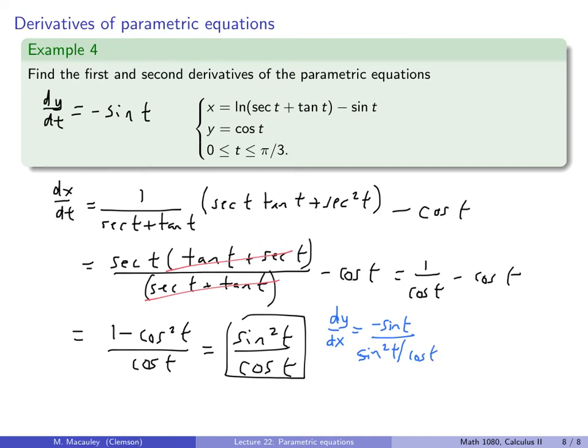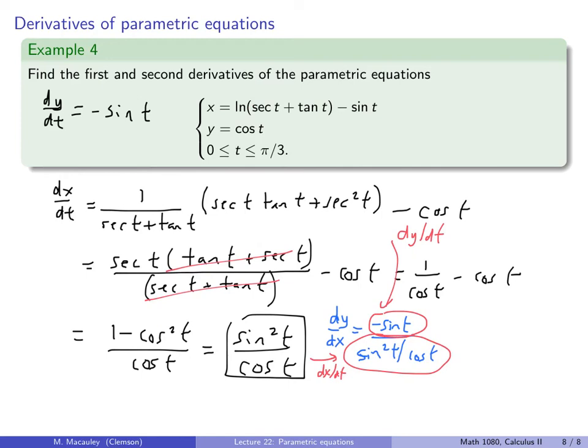Notice this here is dy dt over dx dt. Maybe I should have said that. This is dy dt, and this here, of course, is just dx dt. So let's simplify that.